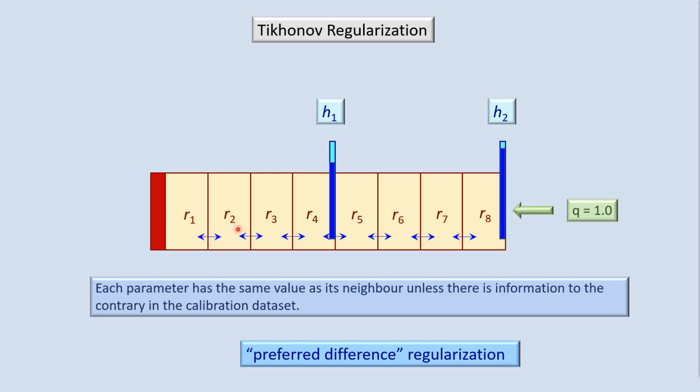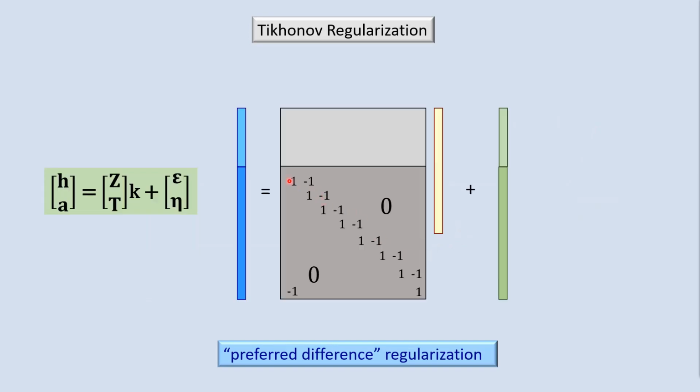However, I'm saying that to the extent to which R1 has to differ from R2 in order for collectively R1 to R8 to provide a good fit with H1 and H2, the set of parameters that we come up with to provide that fit, out of all the million possibilities, is that which provides minimum departure from homogeneity specified through the T matrix, each row of which has a 1 and a negative 1 in the respective row and zeros elsewhere.